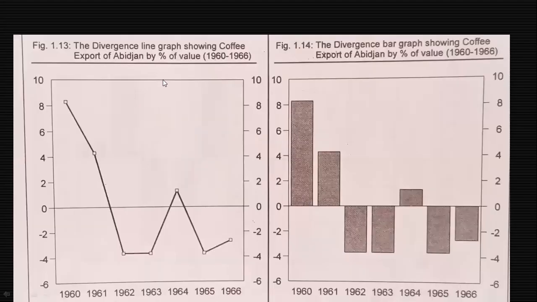Now the divergence will be like this. On the lower area, we are going to have the years. And now here we are choosing to make this line our 0 line. Sometimes people put here an average line so that the upper area here is positive and the lower area here is negative.